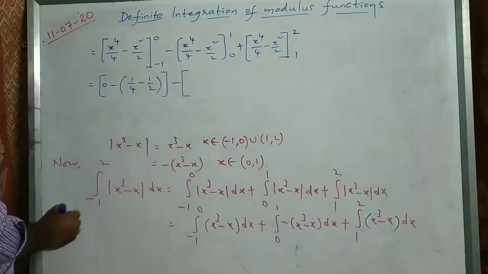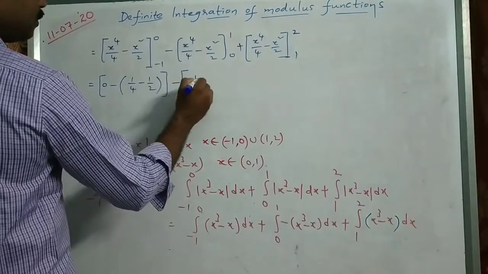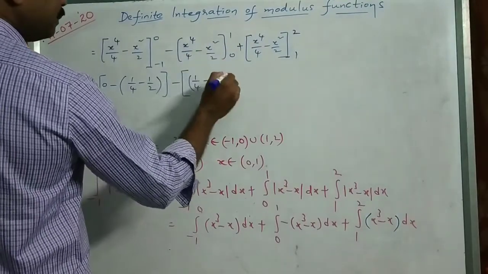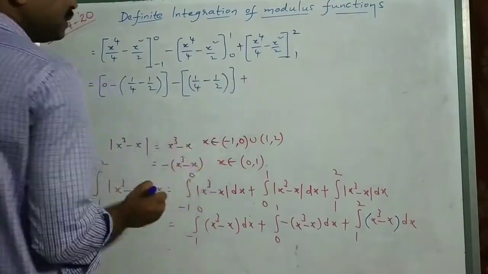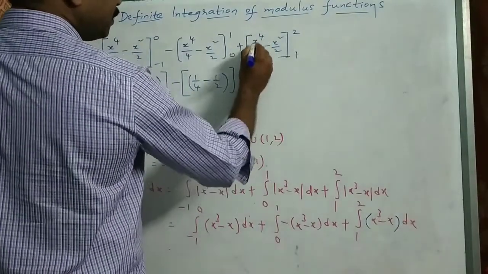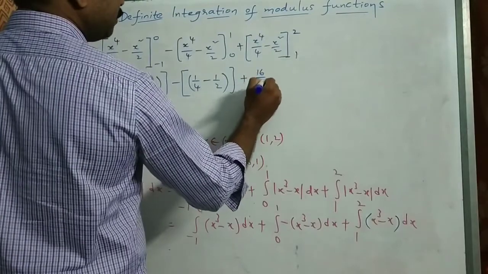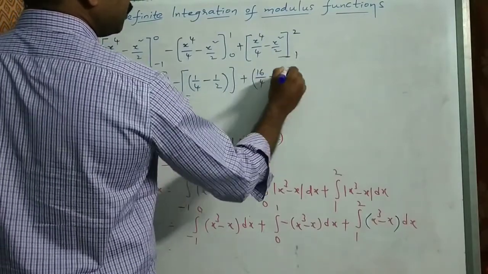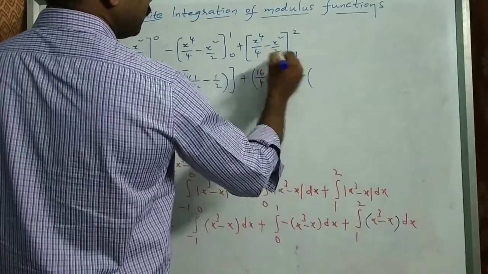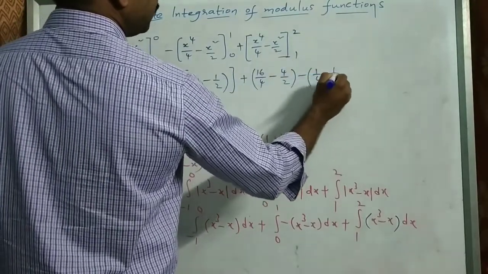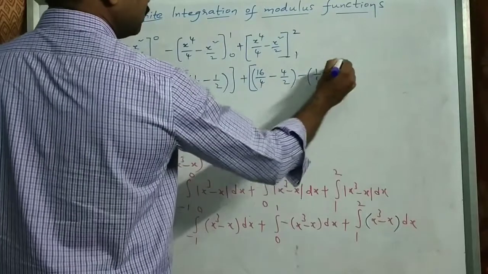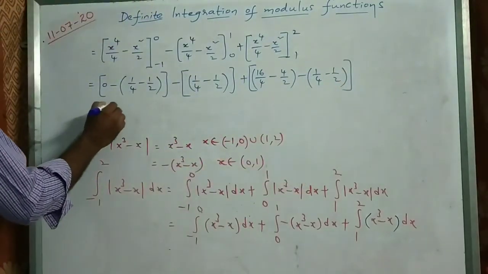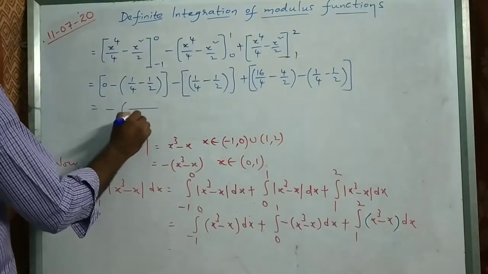Second one, if I put 1, 1 by 4 minus 1 by 2, and 0 gives completely 0. Plus, if I put 2 here, 2 power 4 is 16 by 4 minus 4 by 2, minus of 1 by 4 minus 1 by 2. This I have to simplify. Now what is the LCM for this? 4.